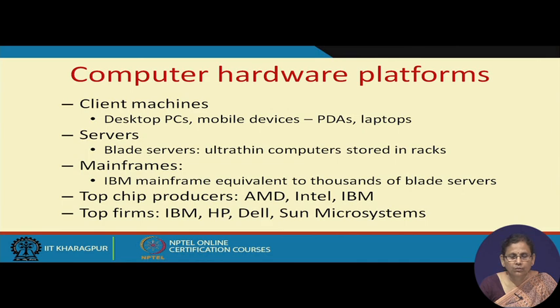Now, we are going to talk about the computer hardware platform. While talking about the resources, the first thing that we have talked about is a server. Server is the basic element. By server we mean the hardware server. In fact, in the earlier class I told you, when we talk about the server, there is a hardware part of it, there is a software part of it.